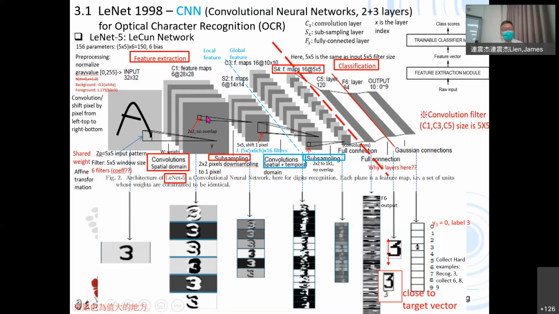Okay, back to here. So he used one filter to extract this original information to be one we call map, we call feature map. This image, you can also call image, but people here call extracted feature map.